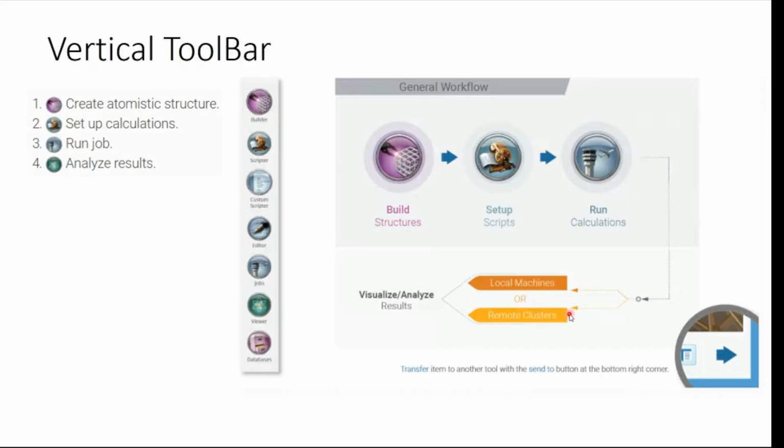Once you decide to simulate the structure on your system, you cannot work on other things, because 99% of CPU utilization will be taken by this software only. So if you want to access a browser, it will be very difficult, or there will be a lot of lag. Or remote cluster: suppose you have a server in your college and you want to simulate on that server, so that you can still use your own system.